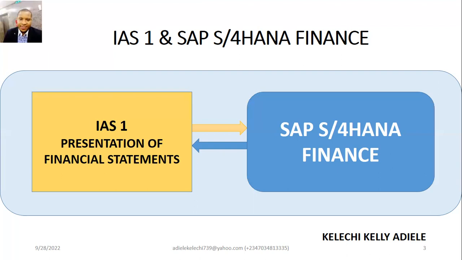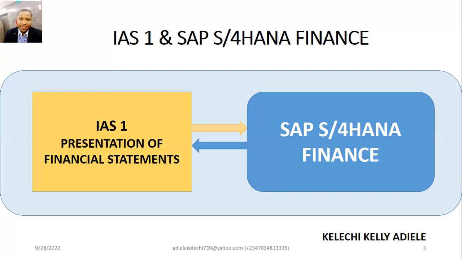For this session, we're going to be focusing on IAS 1, right? IAS 1 is a standard that focuses on the presentation of financial statements. It provides the guidelines, the structure and the principles that need to be adhered to when you prepare your financial statements.